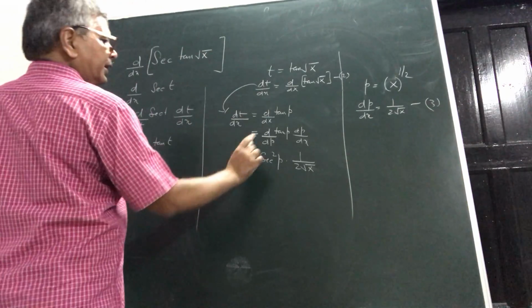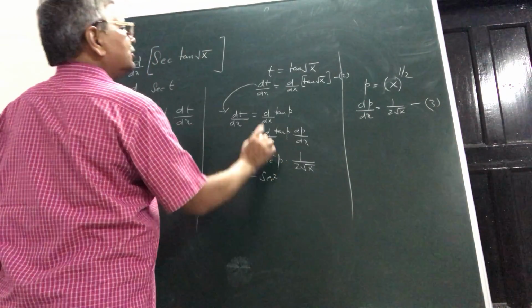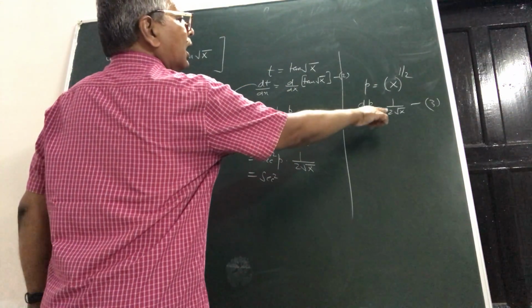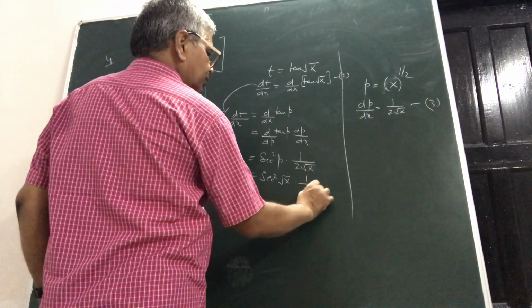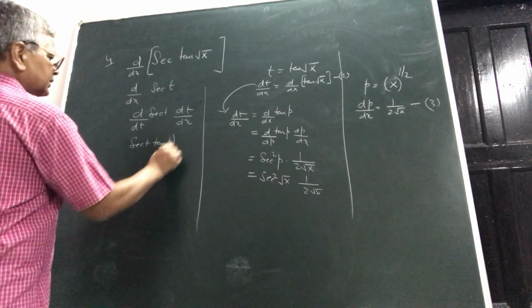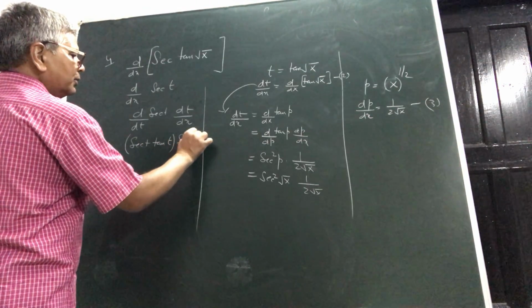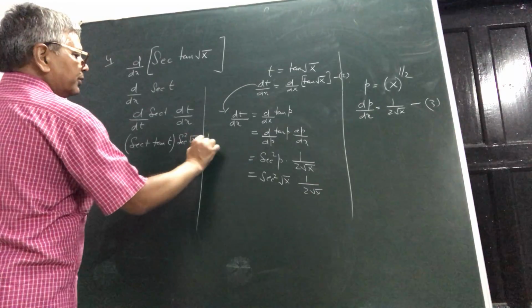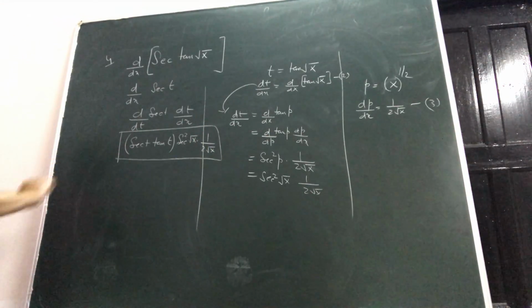Now put the value of p. So it is sec square, what is p? p is root x. So sec square root x, 1 upon 2 root x. So this is your dt by dx. So here this is sec t tan t, and this whole is sec square root x and 1 upon 2 root x. So this is the derivative, how you will be doing it.